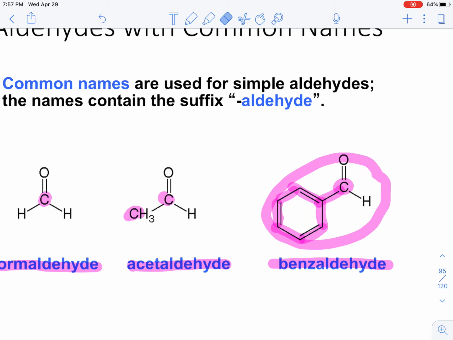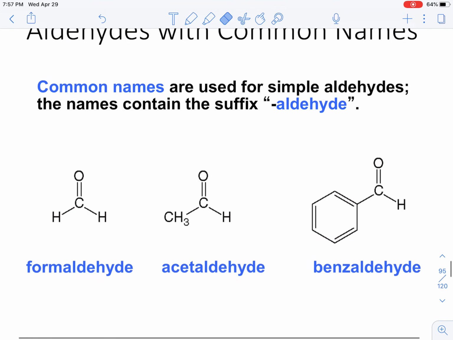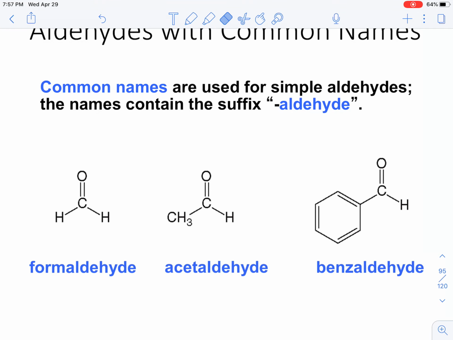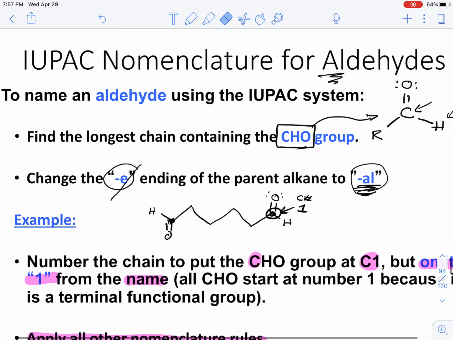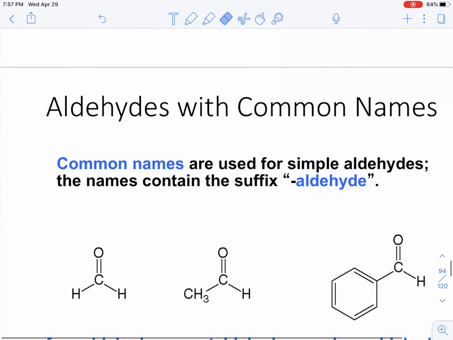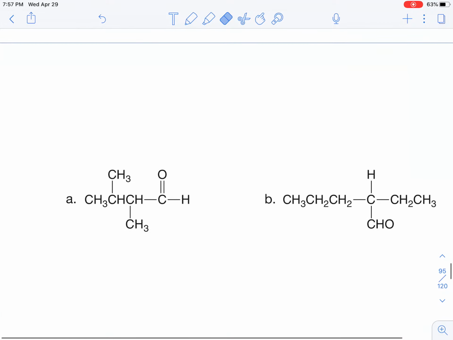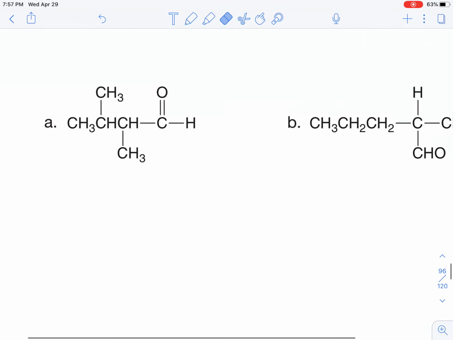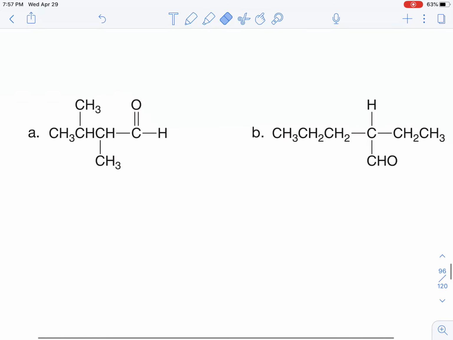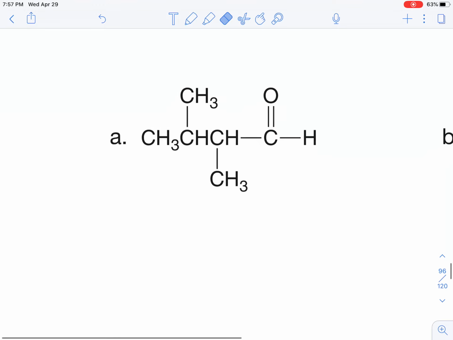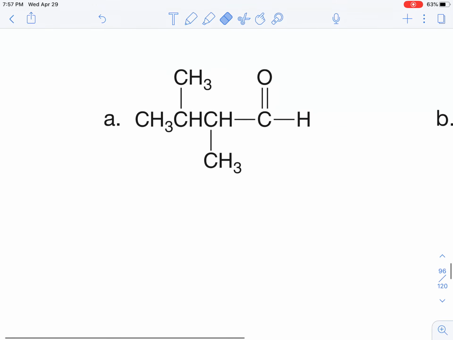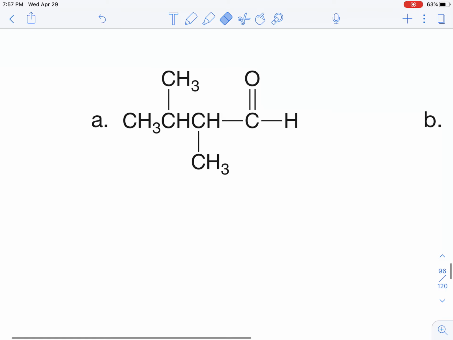Now, if your organic compound that you're trying to name is not any one of these, then you guys are going to follow the rules of the IUPAC nomenclature for aldehydes to name it. All right, so what we're going to do is go through several examples, many examples, just to demonstrate how we can apply the rules that I covered to name these organic compounds.